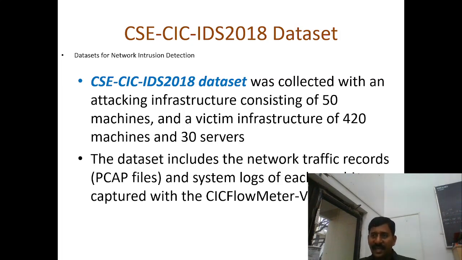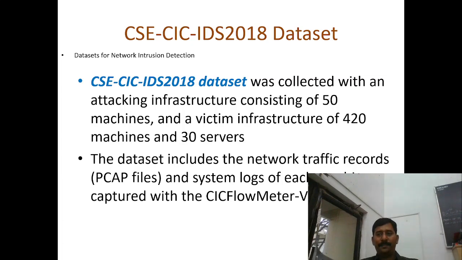Here, the records have 80 network traffic features, whereas the previous version had only 41 features. This version 3 has 80 network traffic features, which include duration, number of packets, number of bytes, and length of packets. Whatever features were missing in the previous version are enhanced in this version.